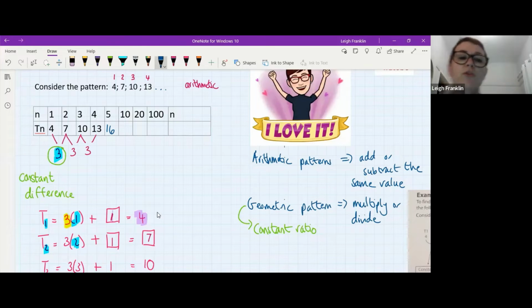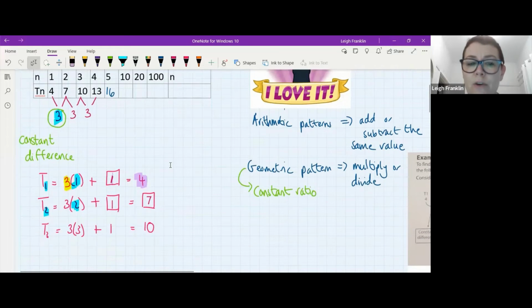I mean, imagine if we wanted to know what term 100 was, and we had to keep on subbing in 6 and then 7 and then 8 and then 9 and then 10. We'd be here all day, wouldn't we? So the beauty of knowing the rule for the arithmetic pattern means that we can work out our answers a little bit faster.